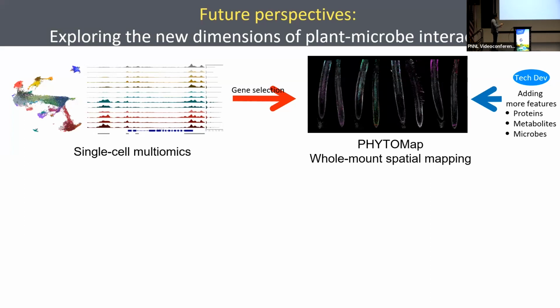But also, we'd like to further advance Phyto-map by adding more features, such as multimodal assays, which means not only visualizing mRNAs, but at the same time, visualizing proteins or metabolites or even microbes to get as much information as possible. I think there will be a lot of interesting discussion about how we could integrate Phyto-map with technologies available here, like spatial metabolomics.